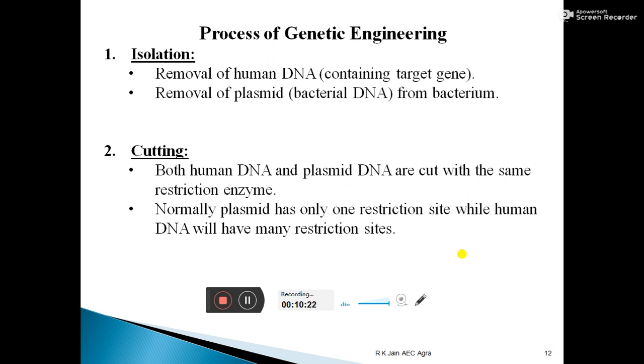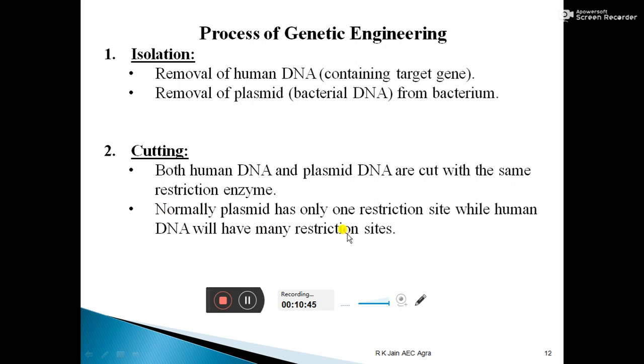The first step is isolation. Isolation includes the removal of human DNA and the removal of the plasmid DNA from the bacterium. By using a specific restriction enzyme, both human DNA and plasmid DNA are cut at a specific site.